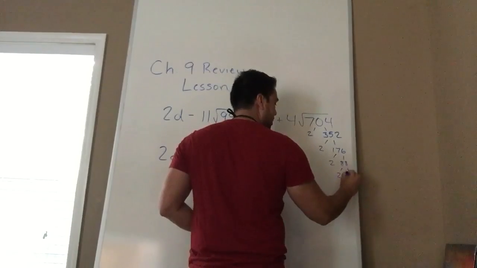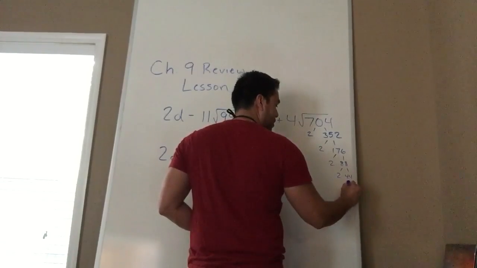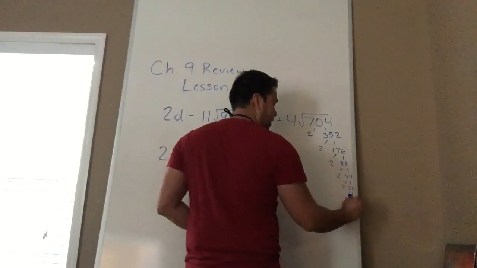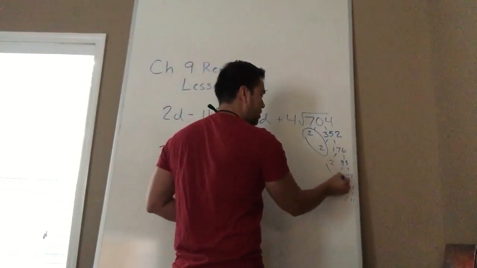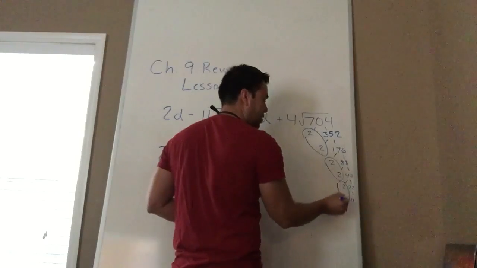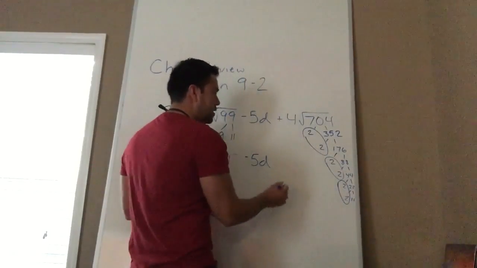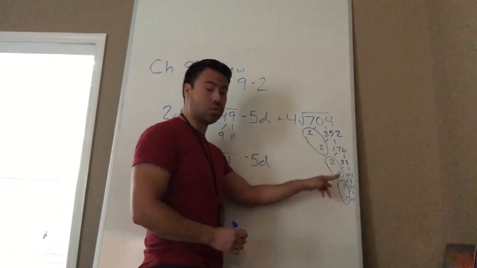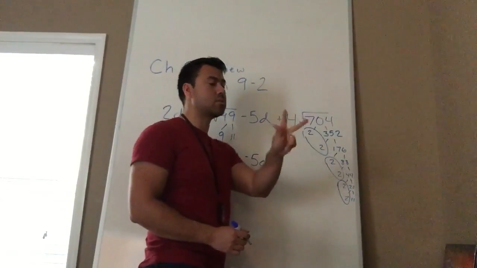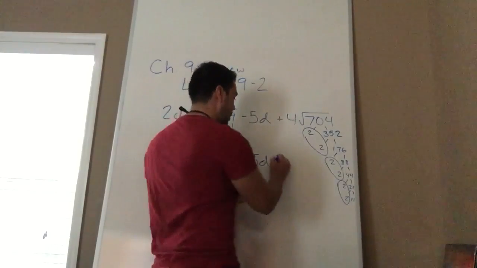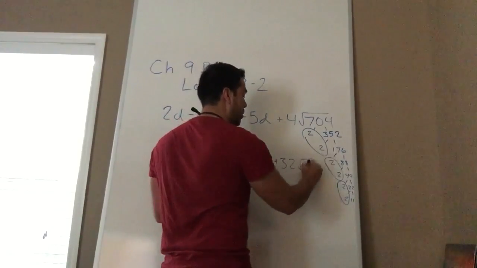This feels familiar, by the way. 44, 2 and 22, 2 and 11. Okay, so I have 1, 2, 3 pairs of 2, and then an 11. So I took a 2, a 2, another 2 out. So that's going to be 8. 2 times 2 times 2 is 8 times the 4, 32, and then the square root of 11 was still left there.